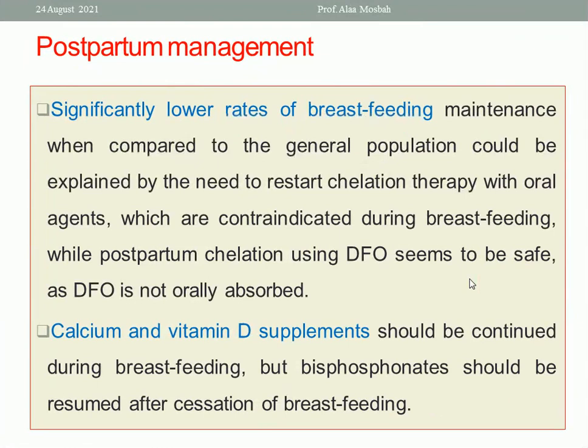Significantly lower rates of breastfeeding maintenance when compared to the general population could be explained by the need to restart chelation therapy with oral agents which are contraindicated during breastfeeding, while postpartum chelation using deferoxamine seems to be safe, as DFO is not orally absorbed.